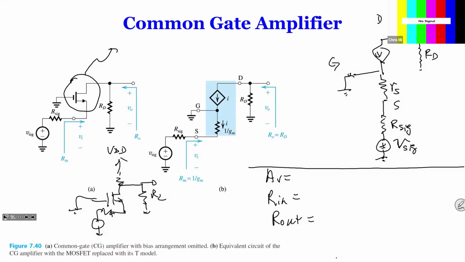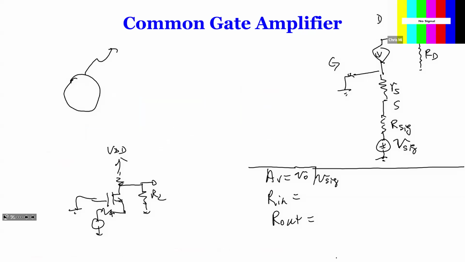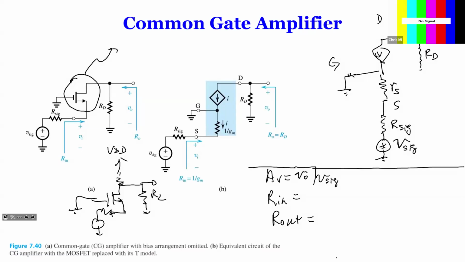And the gain is defined as VO over VSIG. And our input and output resistance, we're going to talk about that a little bit later.